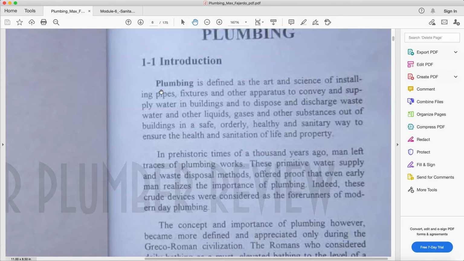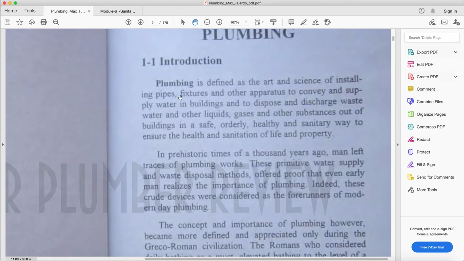While sanitary engineering is the science behind the design of the system being used in the plumbing. So they have different roles. If you finish your degree in civil engineering, then you can apply for the board exam for master plumber. Once you're a master plumber, you can sign certain plans that do not exceed 20 fixture units.